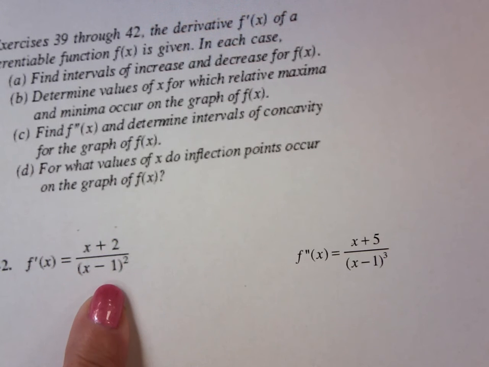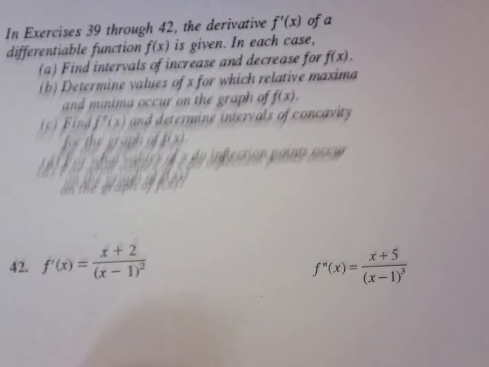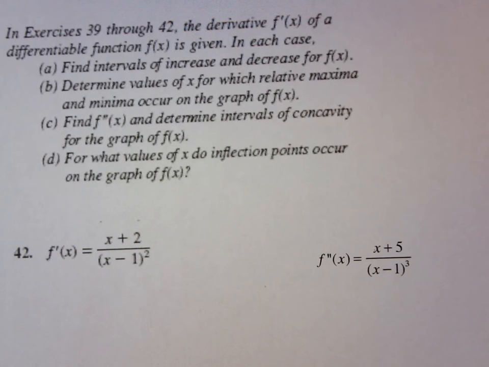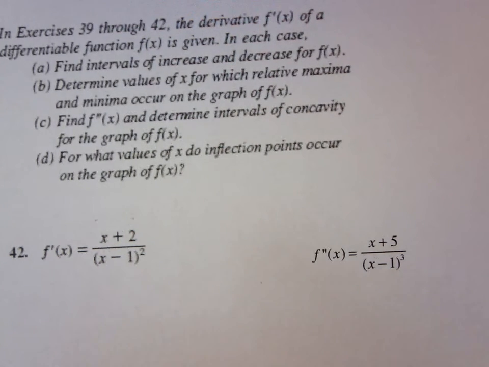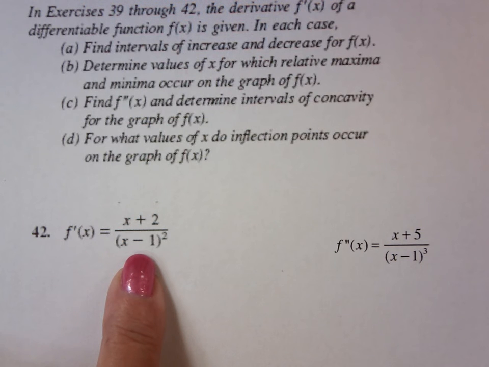Except I have an x minus 1 squared. What's the likelihood it's a vertical asymptote? It is, right? Quotient rule: the denominator times the derivative of the numerator, minus the numerator times the derivative of the denominator, all over the denominator squared. So if you do the quotient rule on the original with x minus 1, what are you going to end up with?